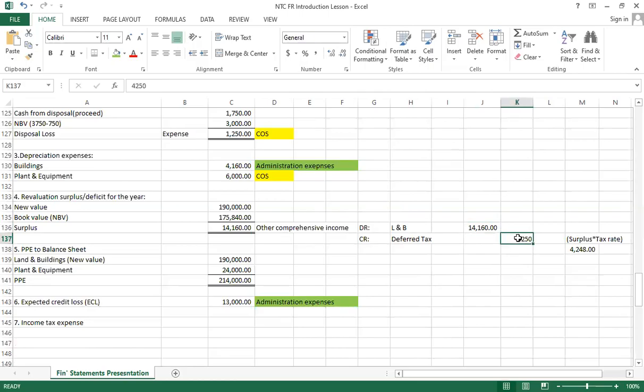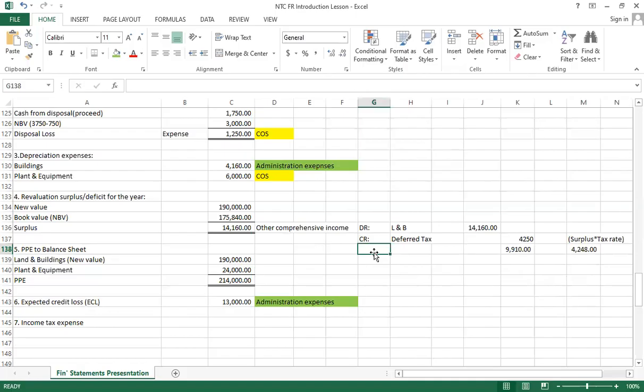But I've said we're not given this, this is how you would compute it. Furthermore, you realize that this figure and this figure are not far apart, a difference of 2 actually. And so if the debit is 14,160 and so far we have a credit of 4,250, we need another credit which is this 14,160 minus this 4,250. That's about 9,910.